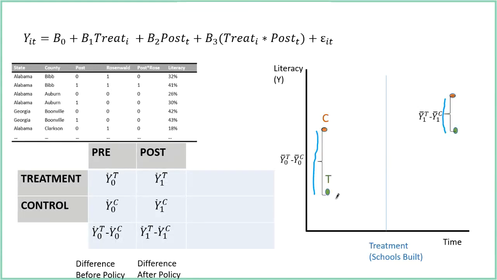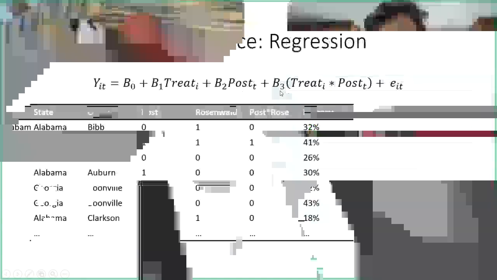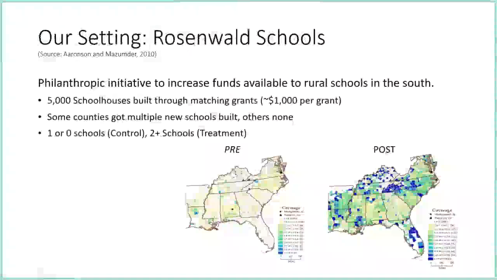So in other words, when we go all the way back to our map of these school districts, it's okay if the school districts that eventually are going to have Rosenwald schools built, so it looks like low eastern Tennessee is going to have a lot of these schools built, whereas upper middle Tennessee is going to have fewer of them built, it's okay if these two groups of school districts are a little different even before the Rosenwald schools were built.